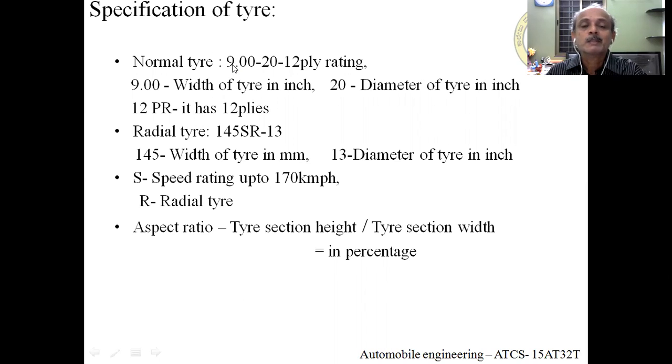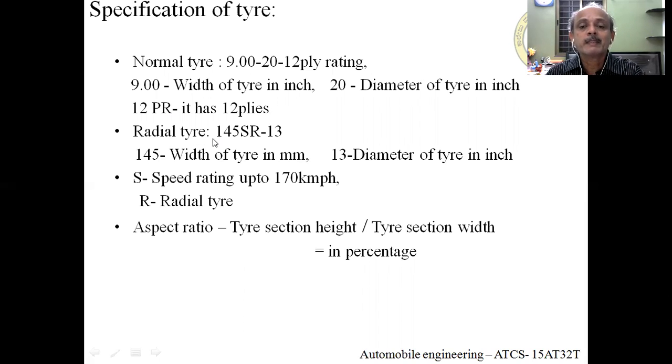In this example, 9-00 is the width of the tire in inches. 20 in the specification is the diameter of the tire in inches. That is important. And 12 ply rating, 12 PR, means it has 12 plies. That is the simple normal tire specification.